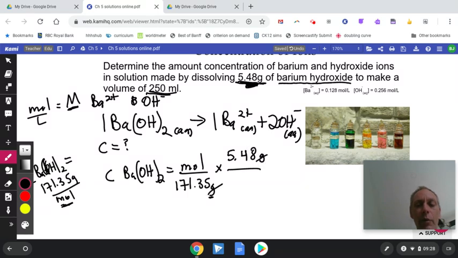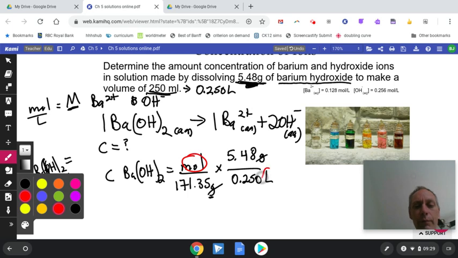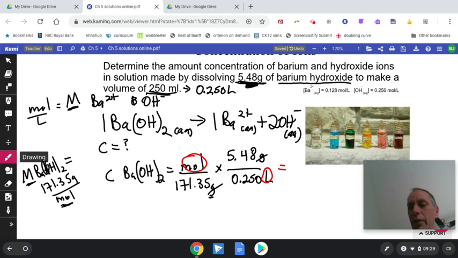So now I have my moles, but I need per liter. 250 mL, if I convert that, is the same as 0.250 liters. If you need to do the math, you always divide milliliters by 1,000 milliliters to get 1 liter. Okay, so now where do I put that liters? On the bottom so that my units work out as moles per liter. Plug that into your calculator and you get a concentration of 0.128 moles per liter.